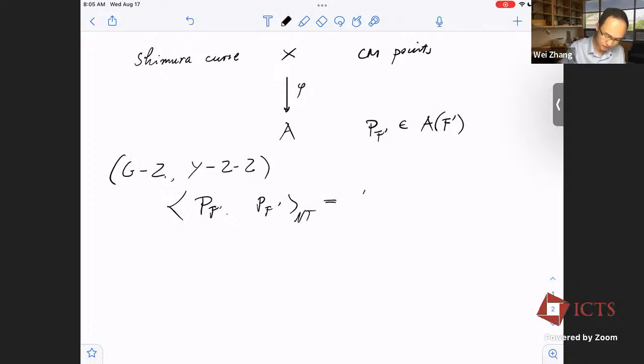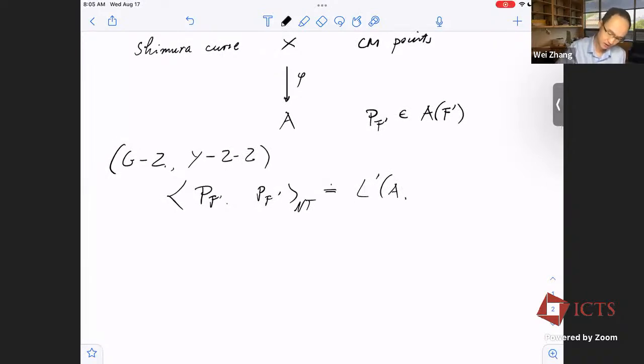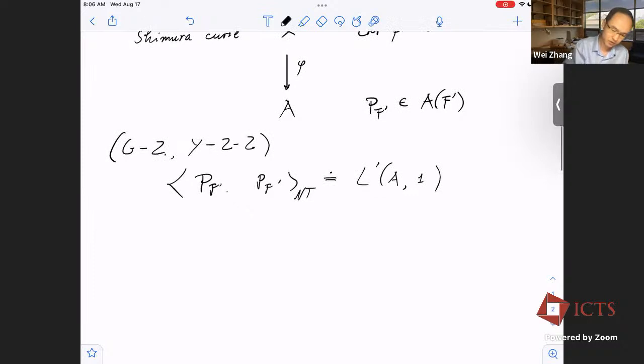The rotated height will be equal to the derivative of the Hasse L-function attached to A, which is the same as the L-function attached to a certain automorphic form, or automorphic representation of GO2, attached to A. So it is the derivative at the central point, which is 1 here. Again, this is meant to be just an example.